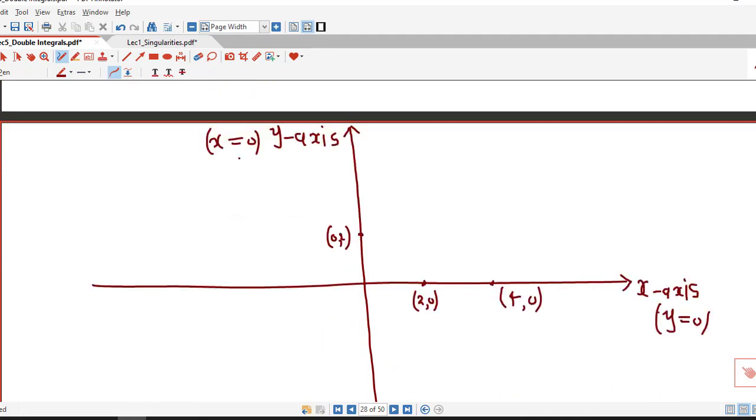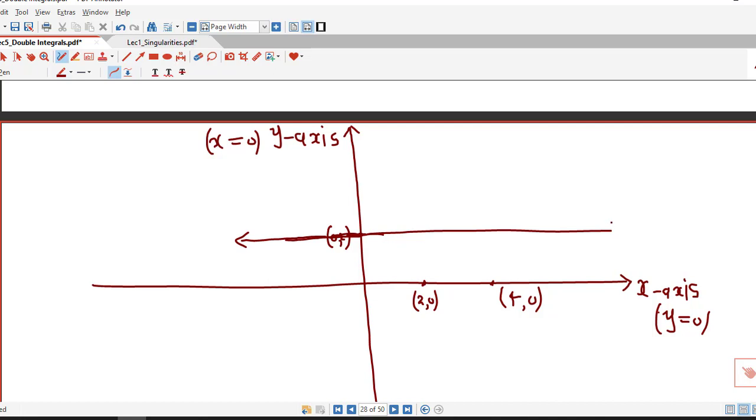So y equal to 2 is the line parallel to x-axis passing through this point. It is a horizontal line. We can extend on both sides.